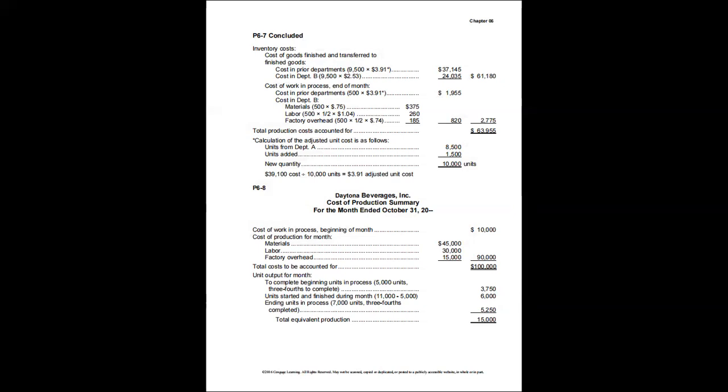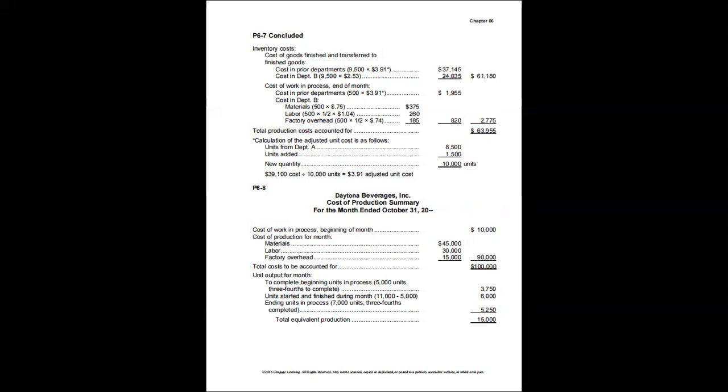So we have the beginning inventory of 5,000, started 13,000. The units to be accounted for is 18,000 units. Finished and transferred to stockroom, 11,000. Ending inventory units, 7,000. Three-fourths completed.